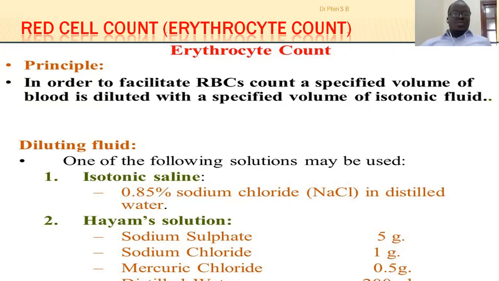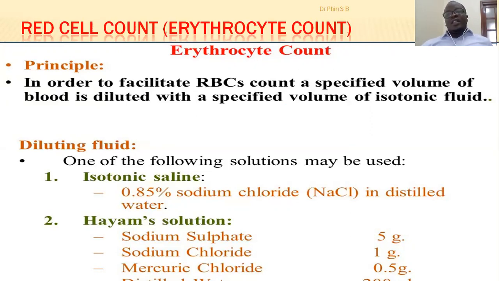But why do you want to dilute the red blood cells? Remember, whole blood contains a lot of cells. You're talking of millions of cells per microliter of blood. So if you just get a microliter of blood or a drop of whole blood without diluting it, and you want to count cells under the microscope, you won't be able to count them. Why?